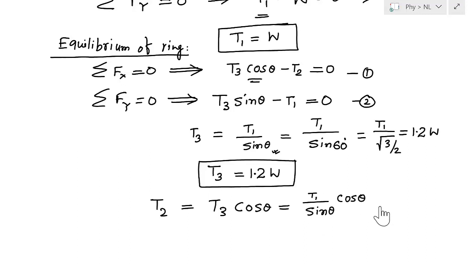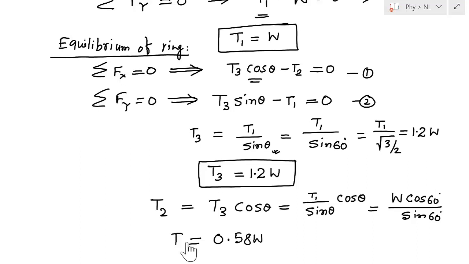Here I know theta is equal to 60 degrees and T1 is equal to W. So we can write W cos 60 degrees divided by sin 60 degrees. Now if you plug in all these values, you can find T2 is equal to 0.58 W. So this is the value of T2.